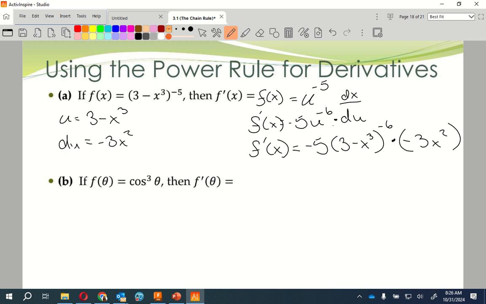So can I kind of put that together? Yeah. Okay, I can't put it inside the quantity right here, but I can put it out front. So negative times negative is going to make that a positive 15x squared, quantity 3 minus x cubed to the negative 6.